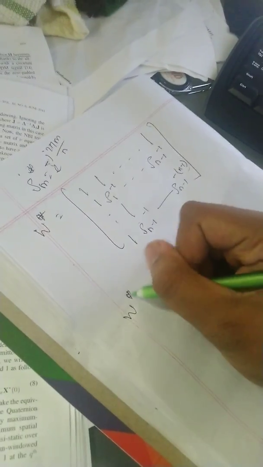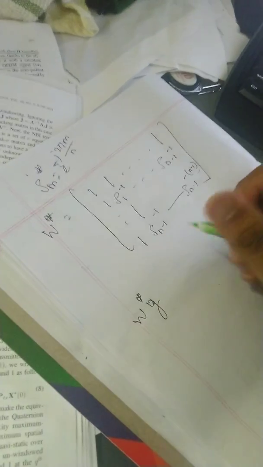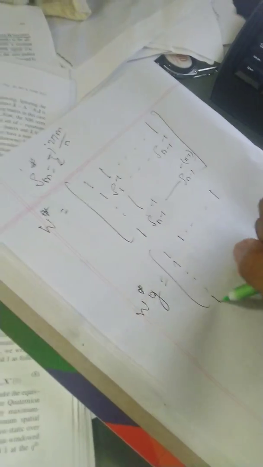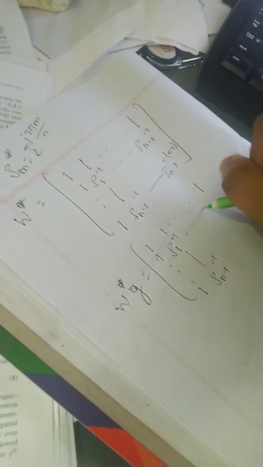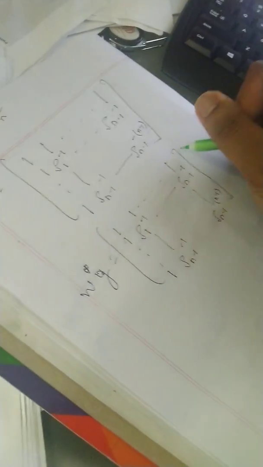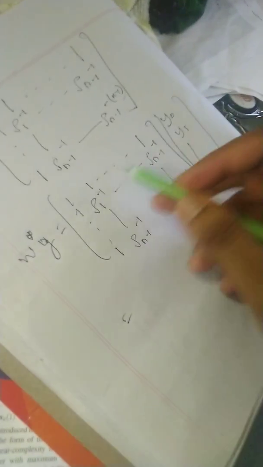Now if we multiply the double conjugate with any vector y, let's see what we are getting. Here rho n minus 1 inverse, and here minus n minus 1. And what is y? Y is this. So if we take any row, let's take the mth row.